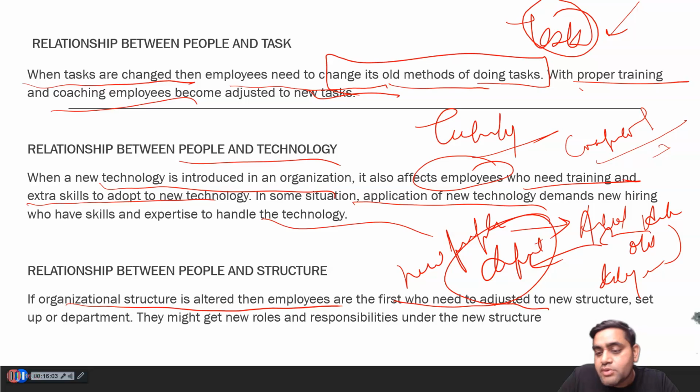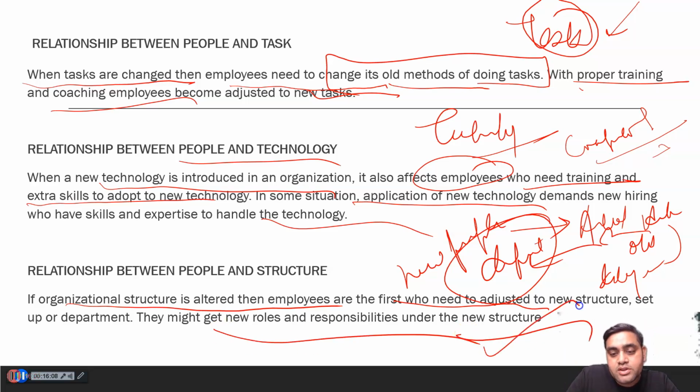So all these things will be changed. And this might bring new roles and responsibilities in the new structure. So we need to understand one thing: any change in task, the employee needs to adapt. Any change in technology, the employee needs to adapt. Any change in structure, the employee needs to adapt to this change.